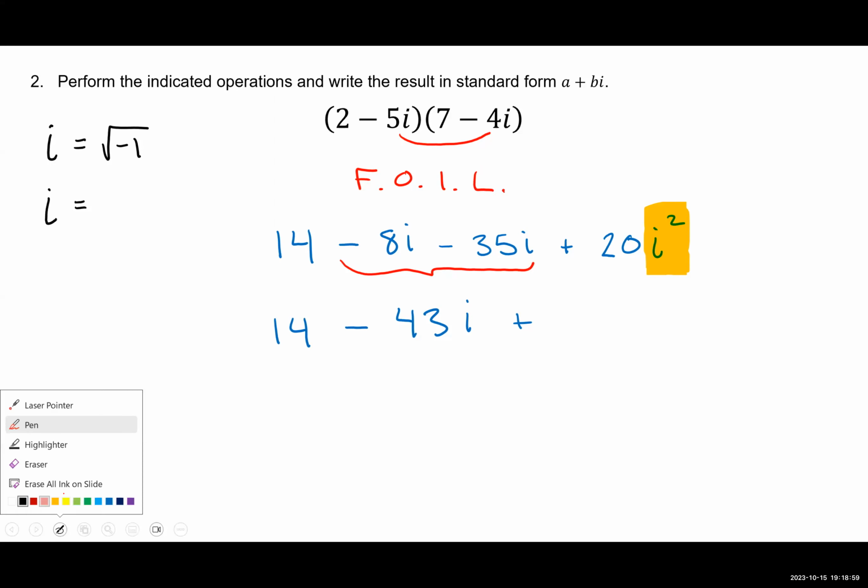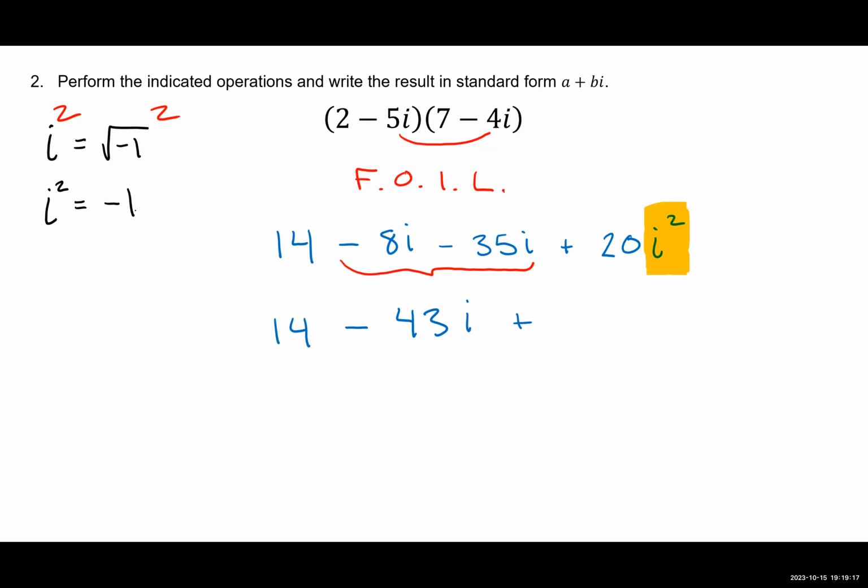You get i squared on the left, and the square root will cancel. So you've got -1. I squared, because i is equal to the square root of -1, i squared should be equal to -1.